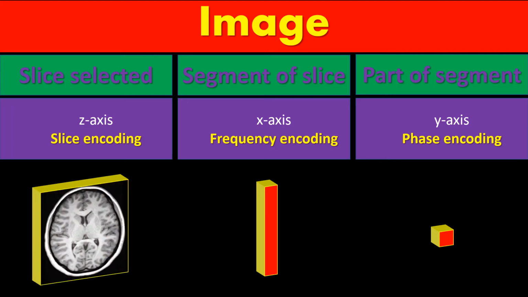Now, to make this image we need to find what each stripe is made up of. First thing is, how do you select a slice? As we have discussed earlier, we give a gradient. The magnetic field by the MRI machine is B0.